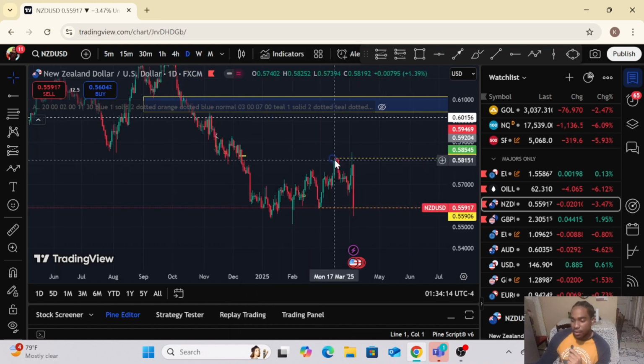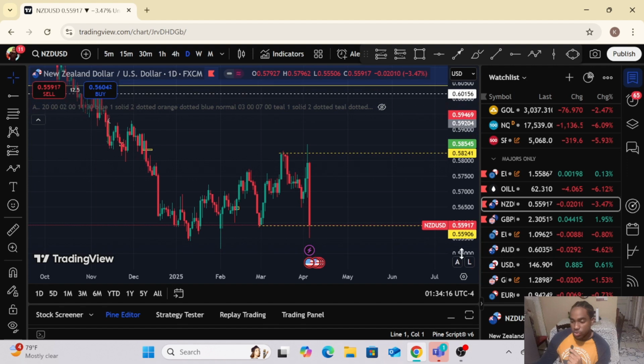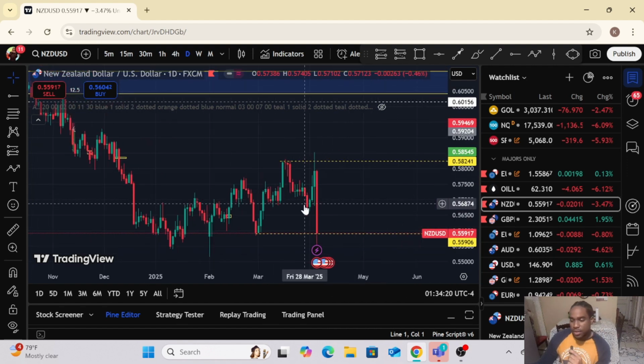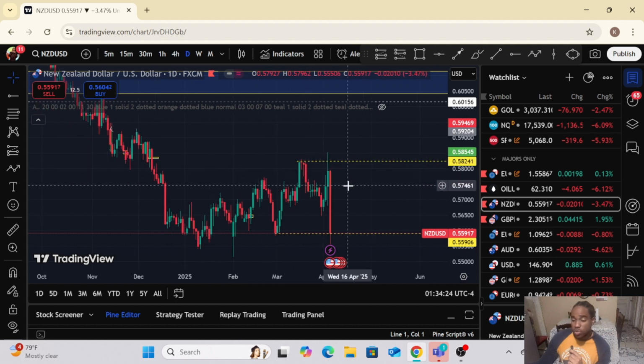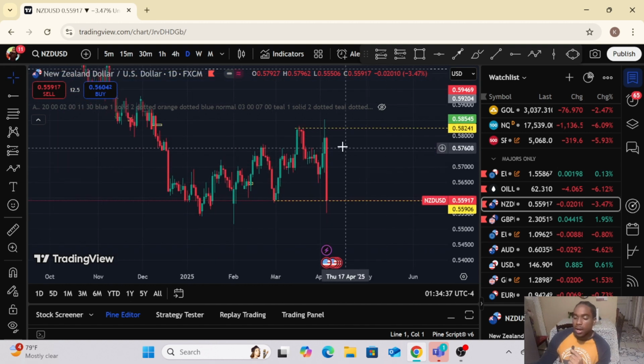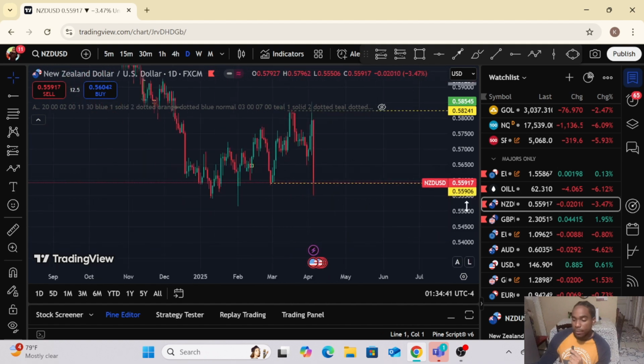We had this high right here, and what did price do? Price pushed to the upside and swept the high. If price truly wanted to close above the high, it would have closed, but no, we have a wick right here. So price pushed to the upside, and then you had a big massive dump to the downside.